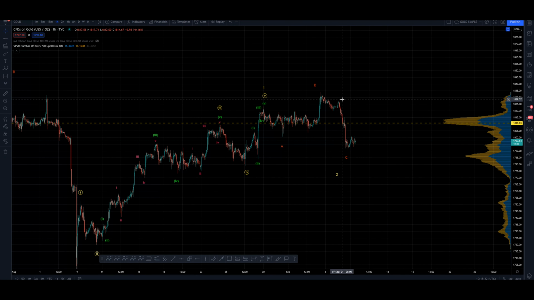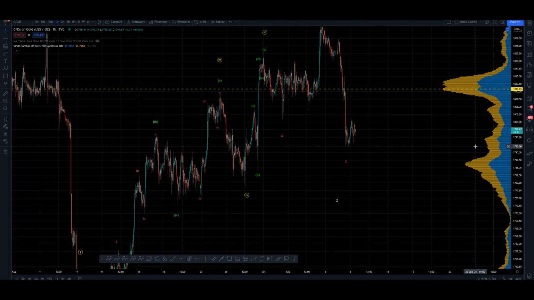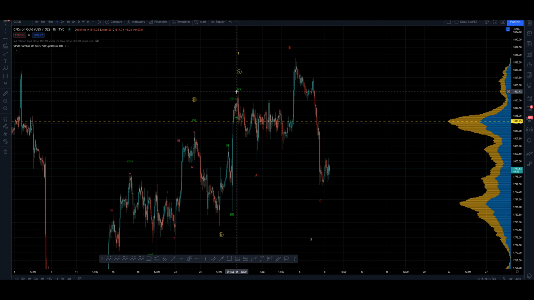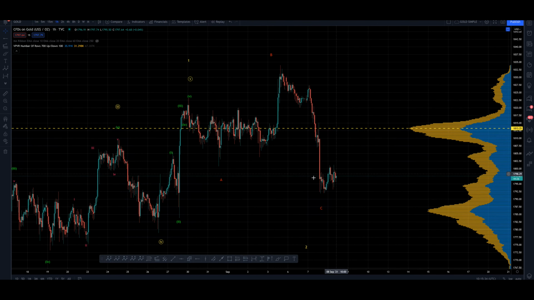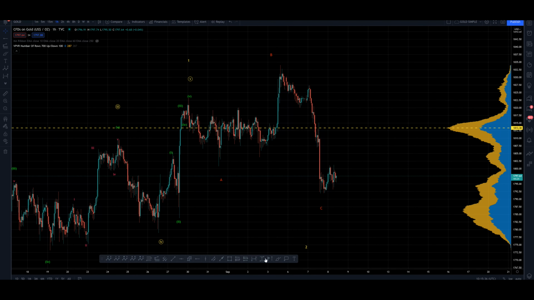And now we seem to have come down in what is looking impulsive. Now the way I've got this labelled at the moment is, once again, one of those where I think I can see a 3-wave move. Let me just find my little brush, sorry.